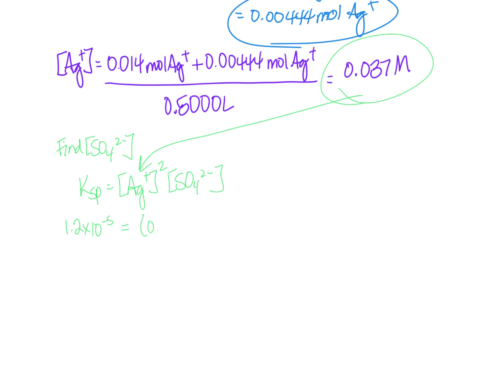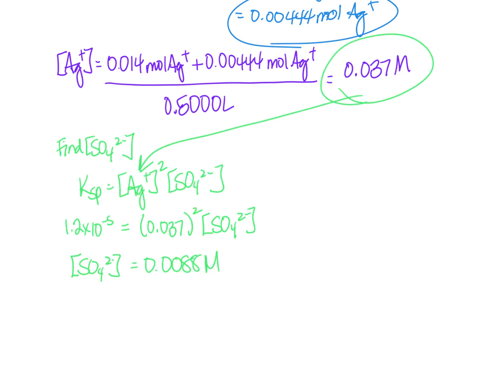So we're going to plug that in, 0.037 squared. And then that leaves us with the SO4 2 minus concentration. So we can just do a little bit of algebra here to find that SO4 2 minus. So square the 0.037, and whatever your answer is there, divide both sides by that. So SO4 2 minus is going to be equal to 0.0088 molar.